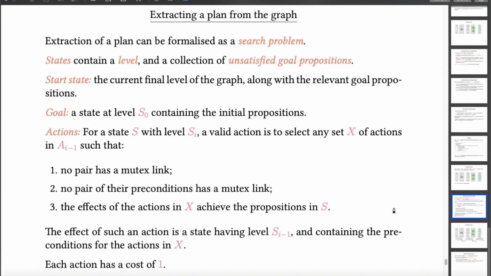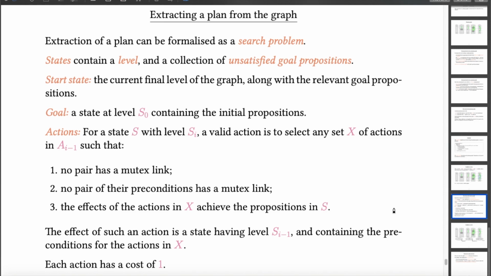Now, this is kind of fun, because extracting a plan from the graph can be treated as a search problem. And the reason for that is that we have a fairly straightforward and clear-cut way in which to express extraction of a plan in terms of states and actions. And we can do that as follows. We now set up an intelligent search problem where states correspond to levels within the planning graph, and each possible state has a collection of the currently unsatisfied goal propositions.